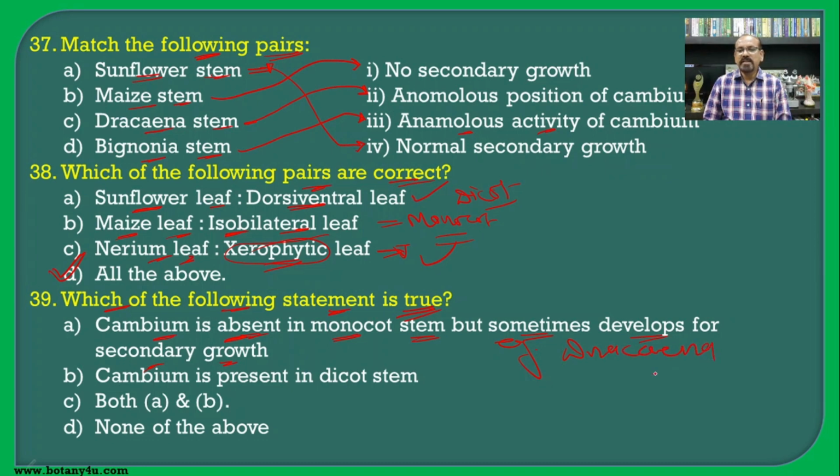In Dracaena, as it is a monocot, there is a development of the cambium, and hence it is correct. Then the second one, the cambium is present in the dicot stem, which is the characteristic feature of the dicotyledon, that it undergoes the secondary growth, and hence both the statements are true.